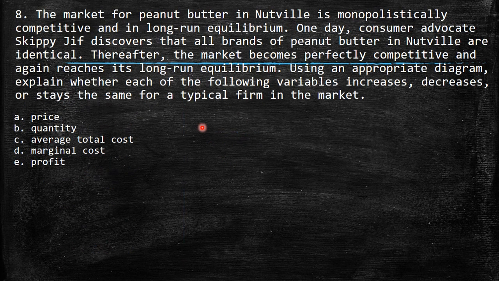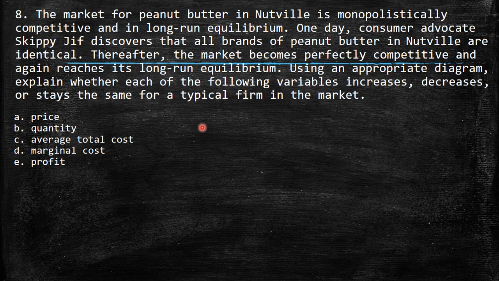Okay. Then the 8th point. The market for peanut butter in Nutville is monopolistically competitive and in long run equilibrium. So it's the same condition as the previous one. One day, consumer advocates discover that all brands of peanut butter in Nutville are identical.